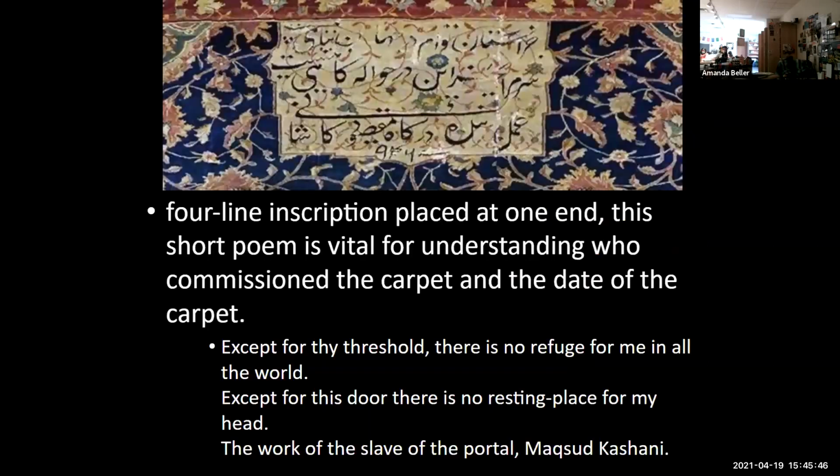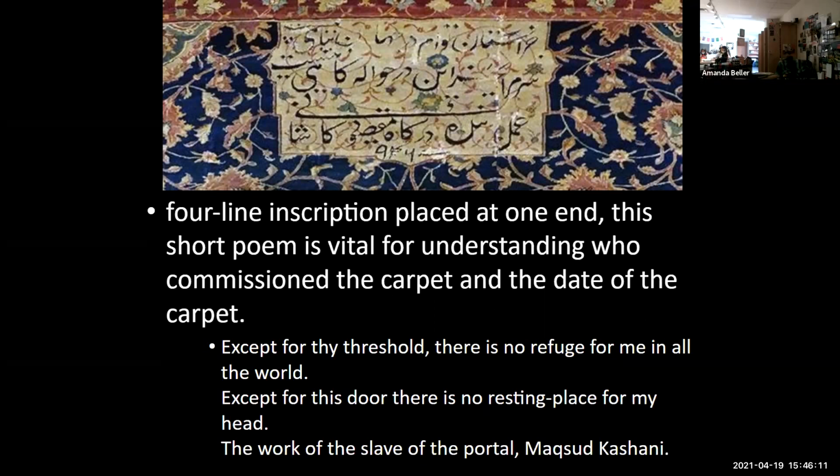At one end, it is, quote, signed, not exactly signed, but sort of. There is a name here in a short poem. Again, the maker isn't really writing on the object. This is hand tied on. "Except for thy threshold, there is no refuge for me in all the world. Except for this door, there's no resting place for my head.